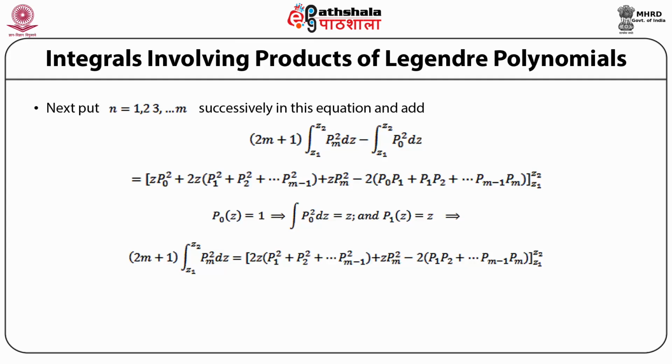So, we obtain 2n plus 1 into the definite integral over z going from z1 to z2 for the term pm square minus the integral over z going from z1 to z2 for the term p naught square is equal to, within the brackets, z times p naught square plus twice of z within the brackets p1 square plus p2 square plus pm minus 1 square bracket close plus z pm square minus 2 again multiplied by, within the brackets, p0 p1 plus p1 p2 plus so on pm minus 1 pm bracket close.